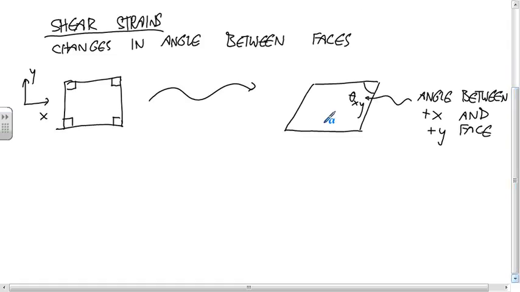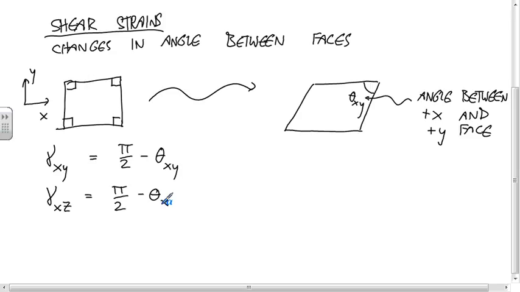But if you define all the angles like that, then the xy shear strain is equal to pi over 2 minus theta xy. The xz shear strain is equal to pi over 2 minus theta xz. And the yz shear strain is pi over 2 minus theta yz.